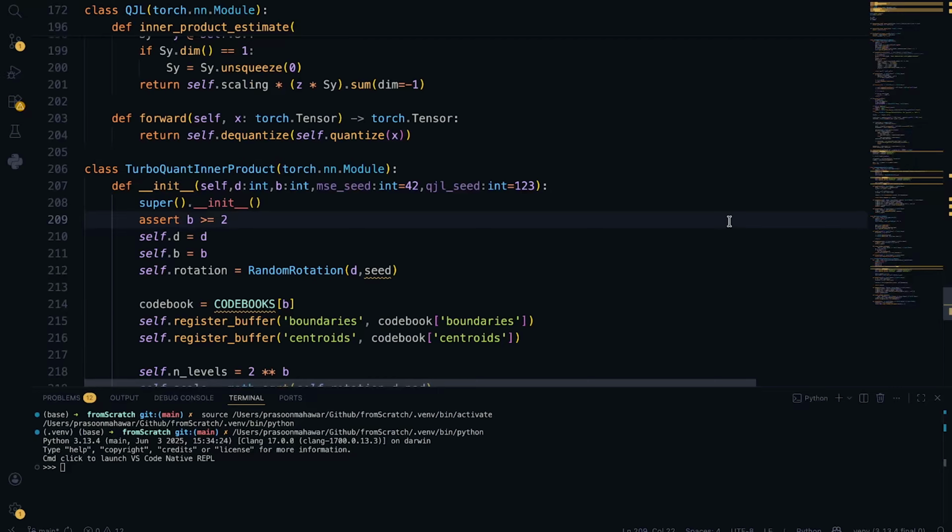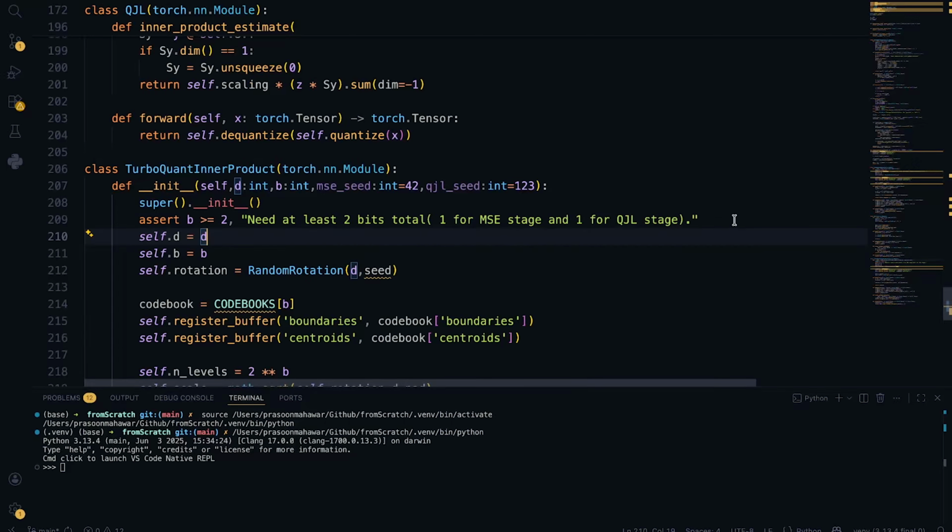We need at least 2 bits total: 1 for the MSE stage and 1 for the QJL stage.